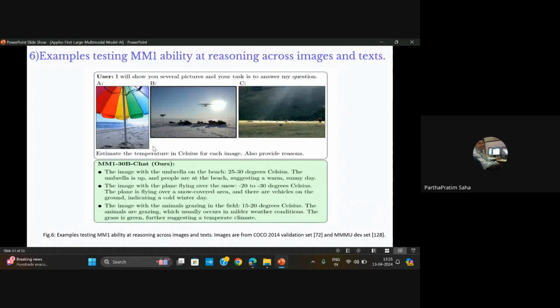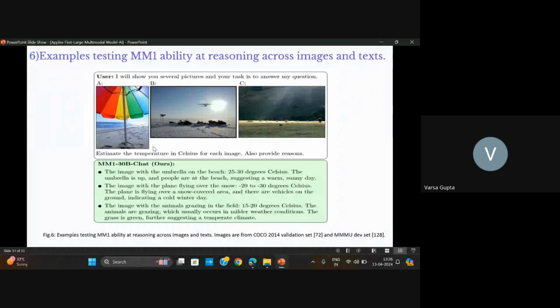In the second image, the model responds that the temperature can be minus 20 to minus 30 degrees Celsius, as it is a snow area, with a plane flying over the snow covered area and vehicles on the ground. In the third image, with the animals grazing in the field, it gives a temperature of 15 to 20.